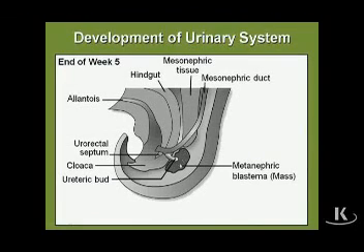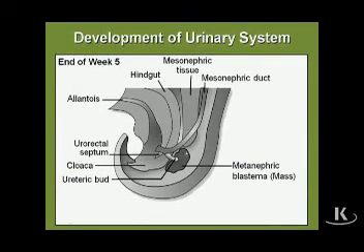Now, we said that this metanephric mass or blastema is going to become the definitive kidney, but that's not precisely correct. What is correct is that this is what's going to become the filtration portion of the kidney. In other words, this will become the nephrons, largely in the cortex of the kidney.